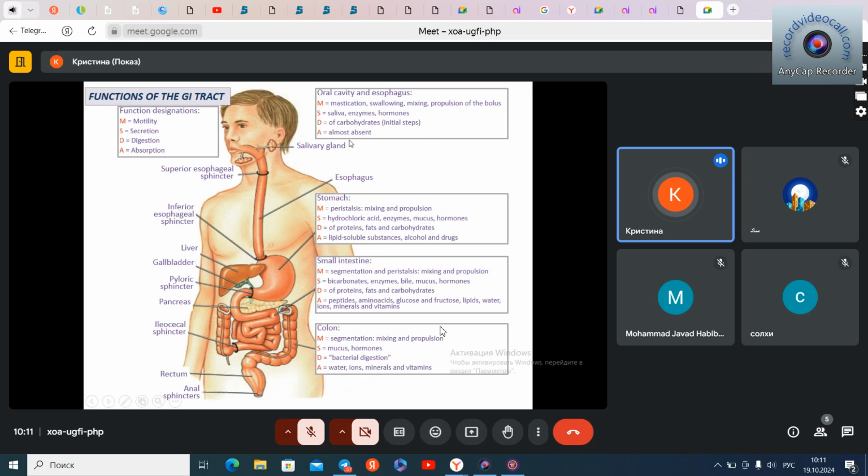The function of digestion here is the digestion of carbohydrates, sugars, just the initial steps. And absorption is almost absent in the oral cavity and esophagus, but in the area of the floor of the oral cavity, just below the tongue, we have a lot of blood vessels, and here we can have, to some extent, absorption, and this is one of the routes of administration of medicine drugs.